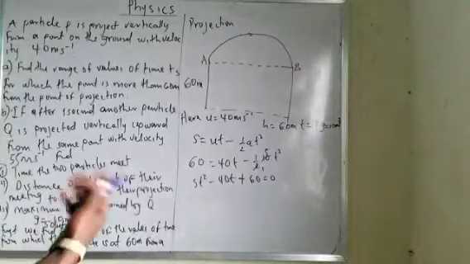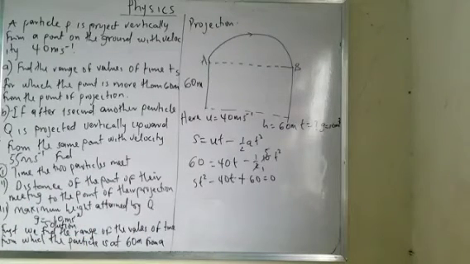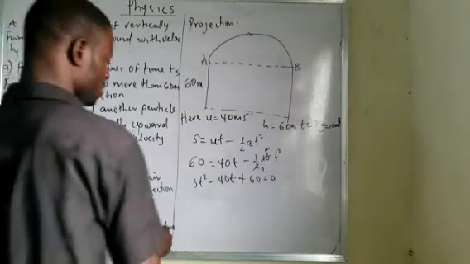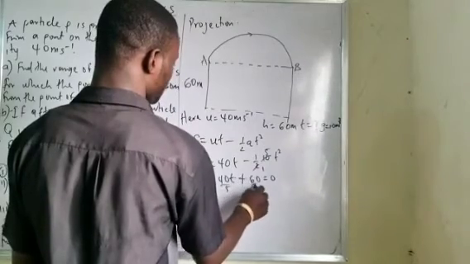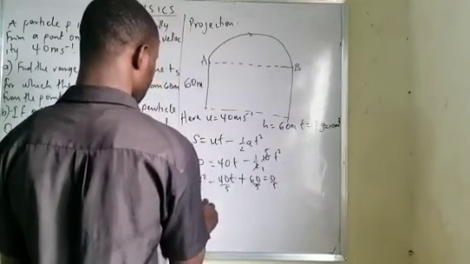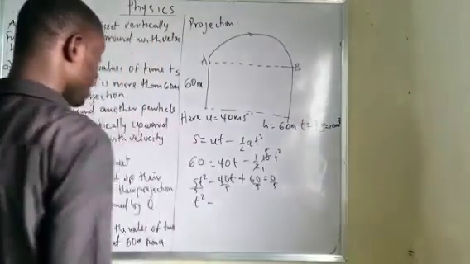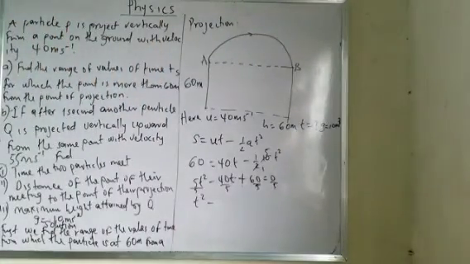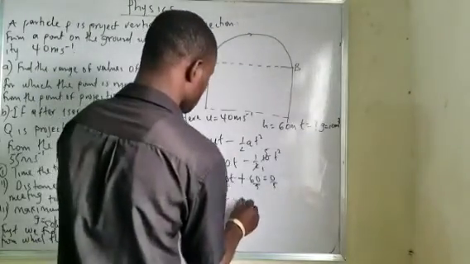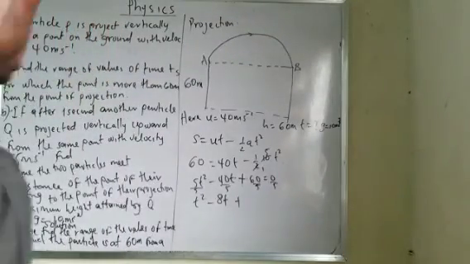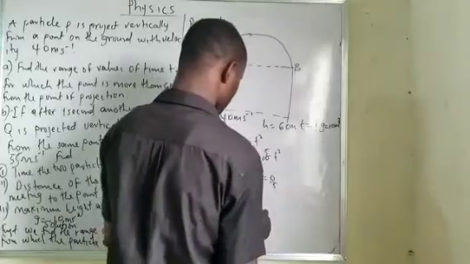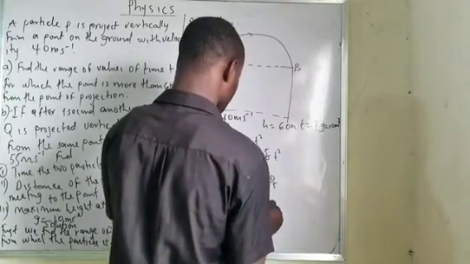You should know quadratic equation anyway; we are just working towards a quadratic equation. I can reduce everything by 5, which gives t squared minus 8t plus 12... sorry, plus 15 equals 0.